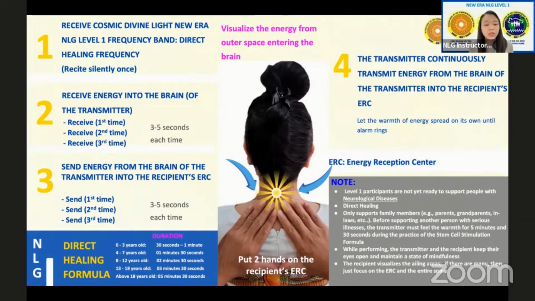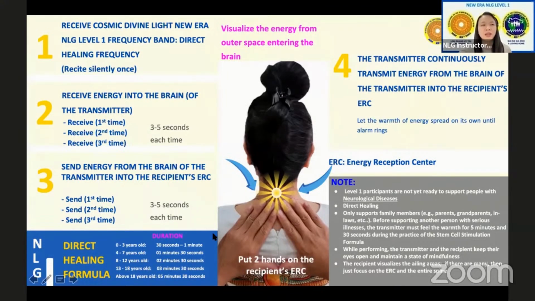And so what you can do, because you don't have a lot of time, is start step 1 first, and then step 2 without the timer. Okay, and then as you get to step 3, you will then start your timer from there, and then you continue on so that you actually have time to send energy to the recipients. Okay.